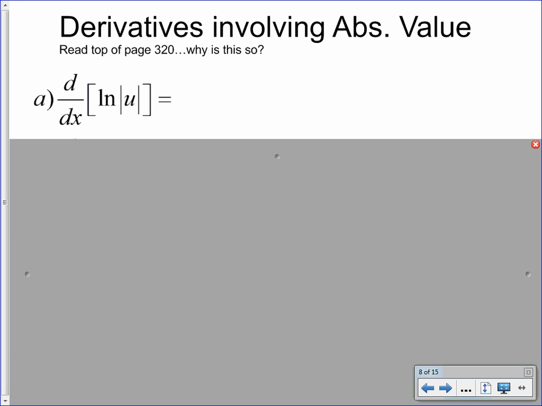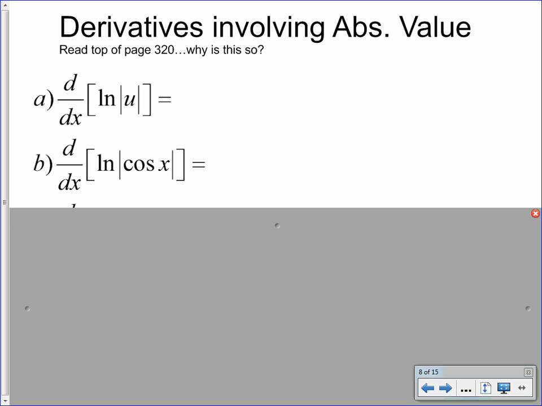For example, cosine of x. Can cosine of x be negative? Yes, because it oscillates between 1 and -1. So we can't just put the cosine inside of the natural log. Instead, we have to put it as an absolute value. Now, that is not going to affect our derivative, though.